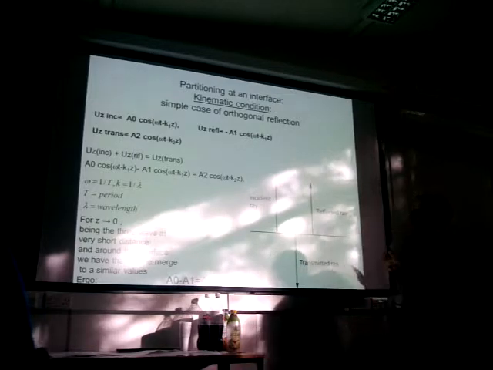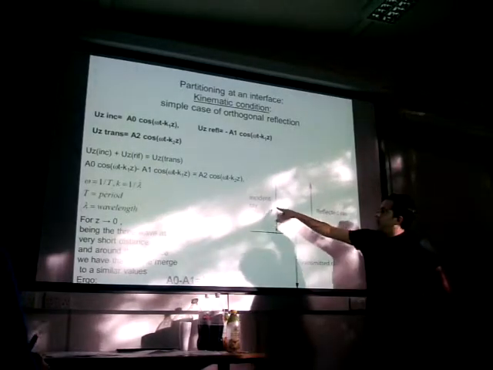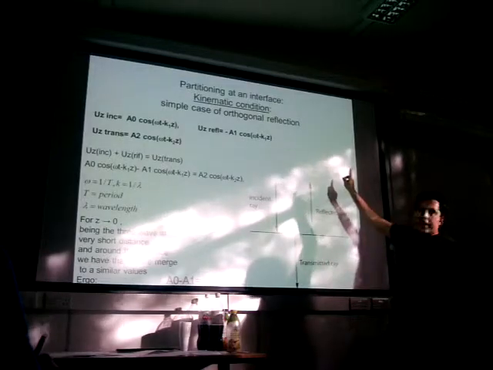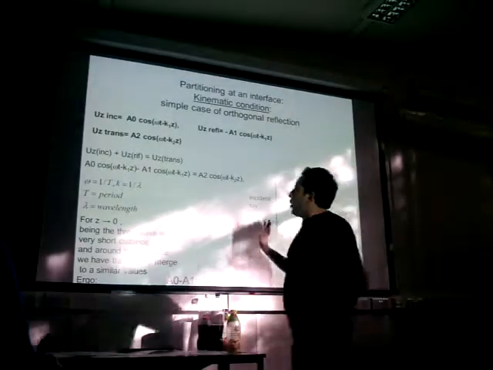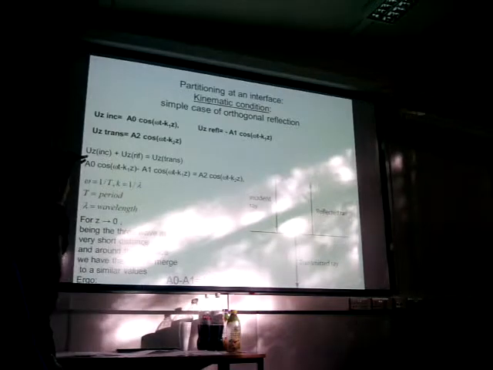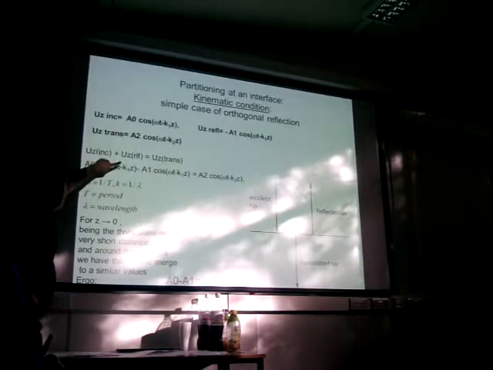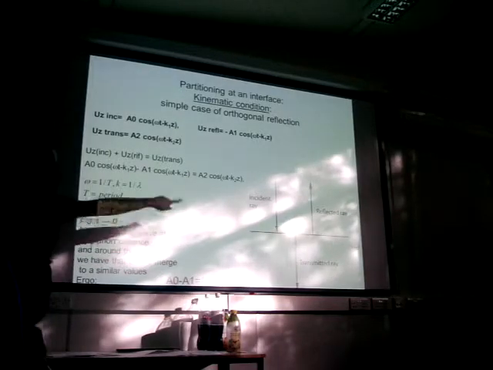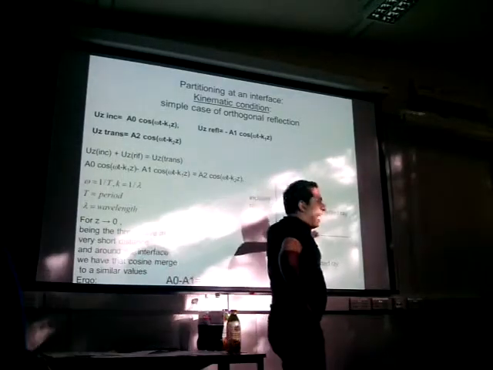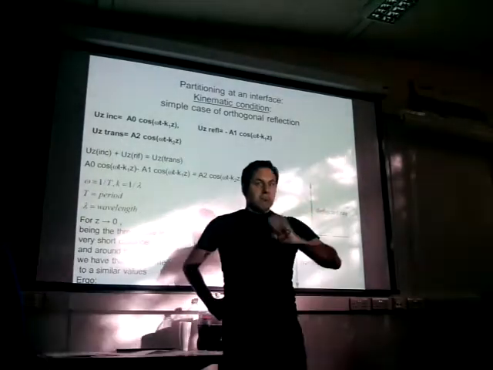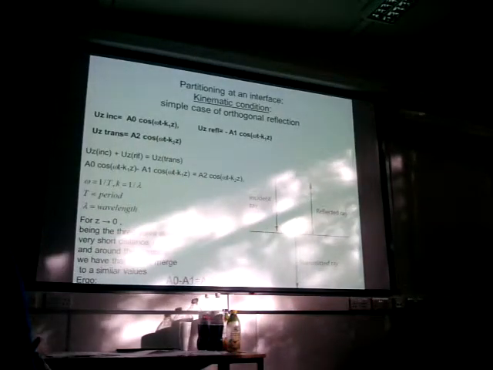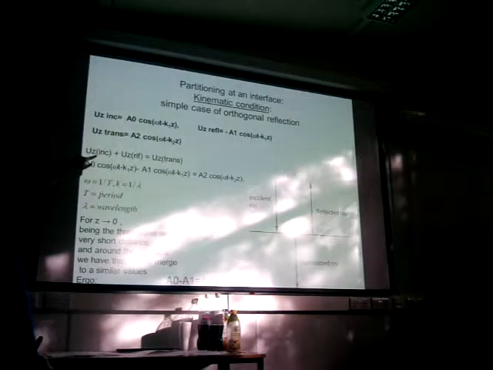How does it work? Remember that that one has a positive sign and that one has a negative sign. So I describe the equation: the incident plus the reflection need to be equal to the transmitted part. So what I lose through the reflection, I gain in the transmission. I don't know in which proportion, but I know that the total summation is always correct, because the kinematic is telling me it's correct.